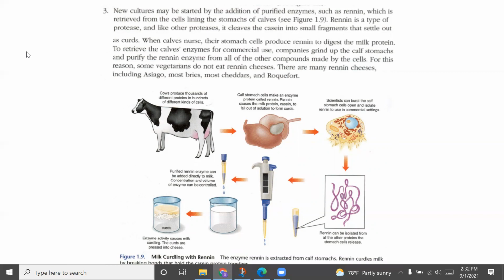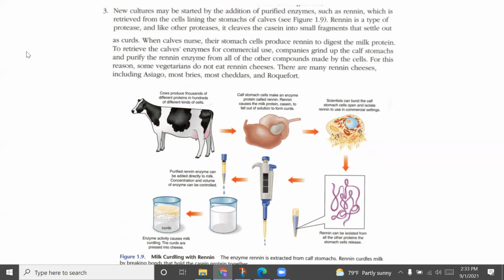Such as rennin, which is retrieved from the cells lining the stomachs of calves. Rennin is a type of protease, and basically it cleaves the casein protein into small fragments that settle out into curds.